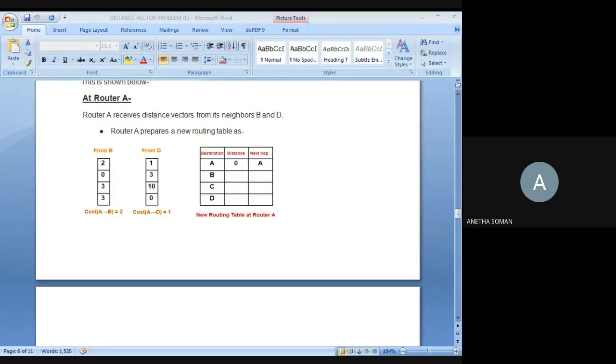Find out what is the cost of reaching destination D from router A. Make it fast.